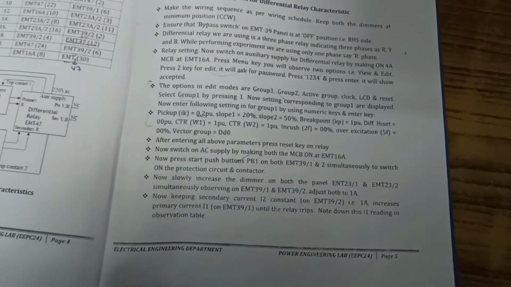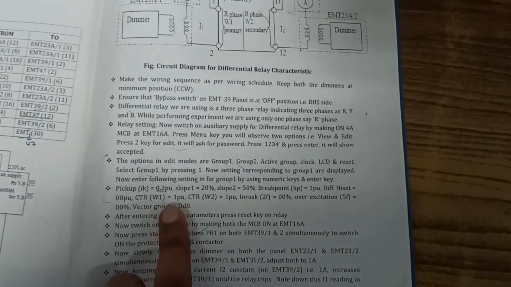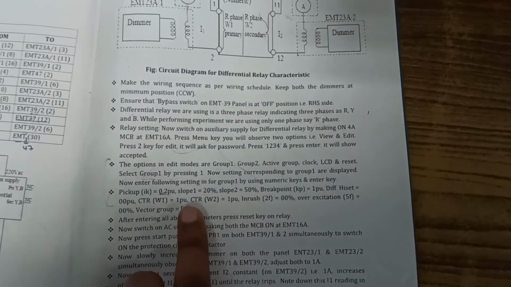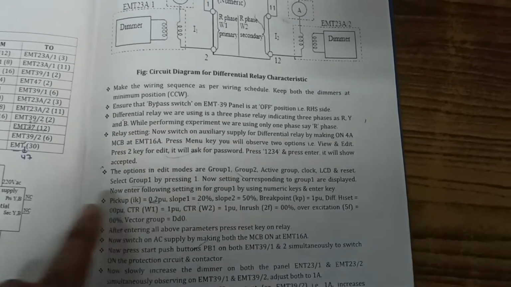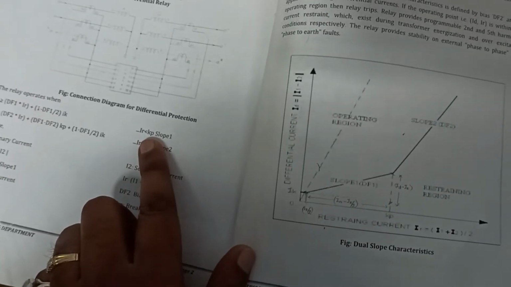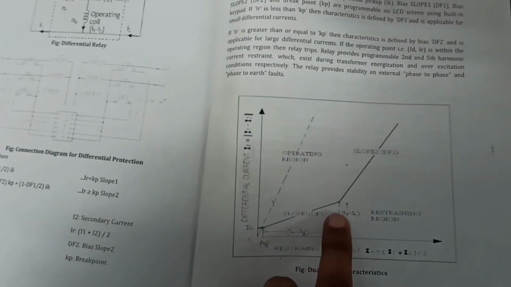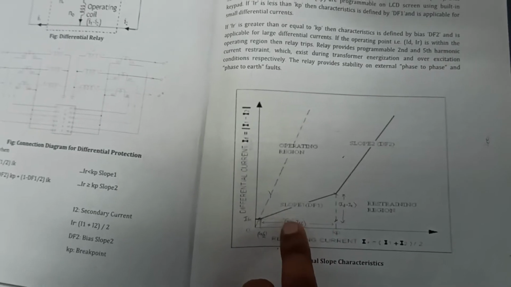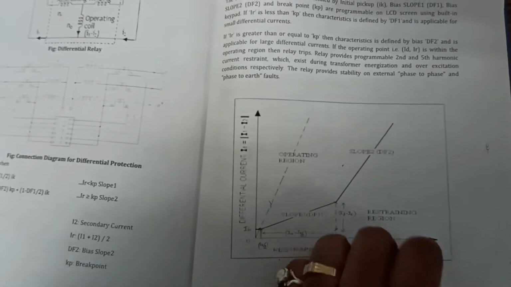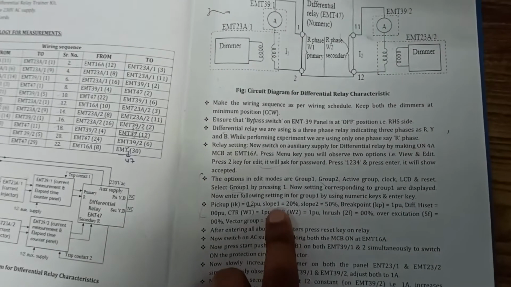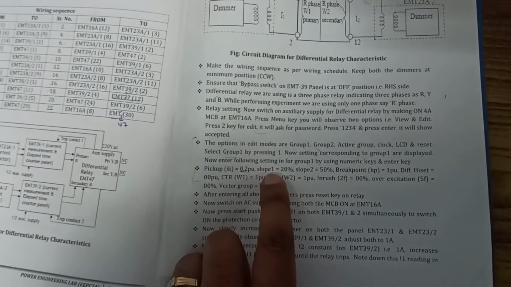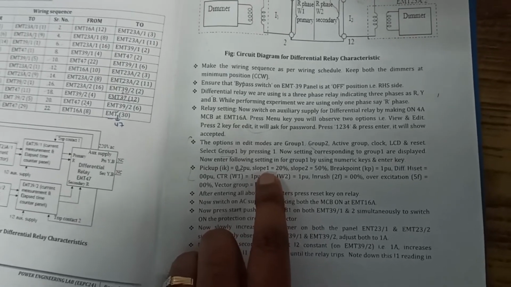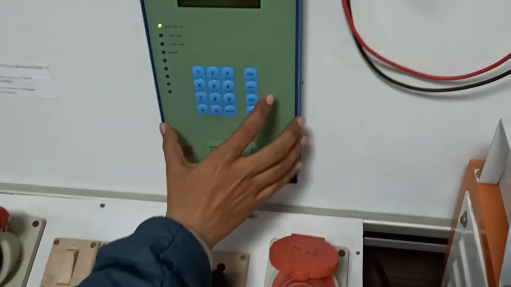We will keep the rest of the things the same, and we will change only slope 1, because we are operating it such that IR, the restraining current, is less than the Kp, the breaking point. So it will work in this region only. Slope 1 will be the operating region. We will take different values of the slope, and then we will take the readings. This is how we are going to program.